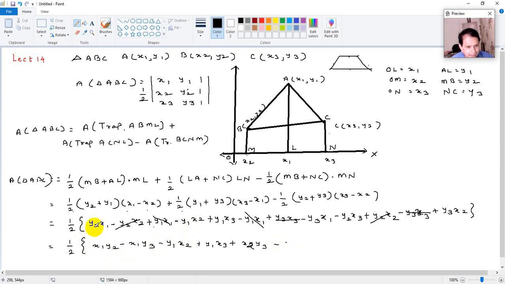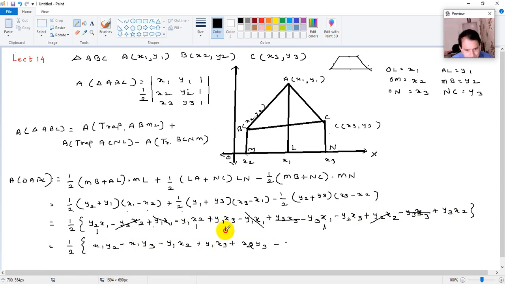काय काय उरलंय बघा. x1 y2 म्हणजे ही टर्म घेतली आपण. Minus x1 y3. Where is that term? Minus x1 y3. This is that term. So that is taken. Then you have minus y1 x2. So this term is taken. Plus y1 x3. That means where is that term? Plus y1 x3.